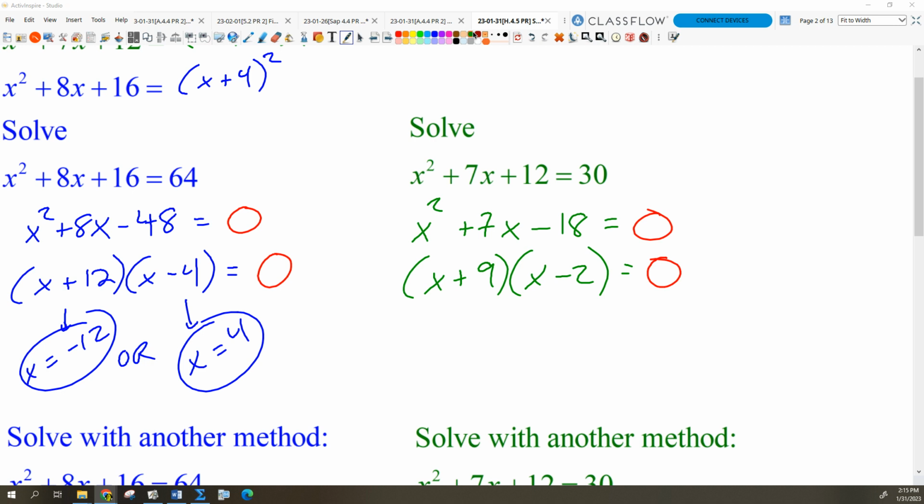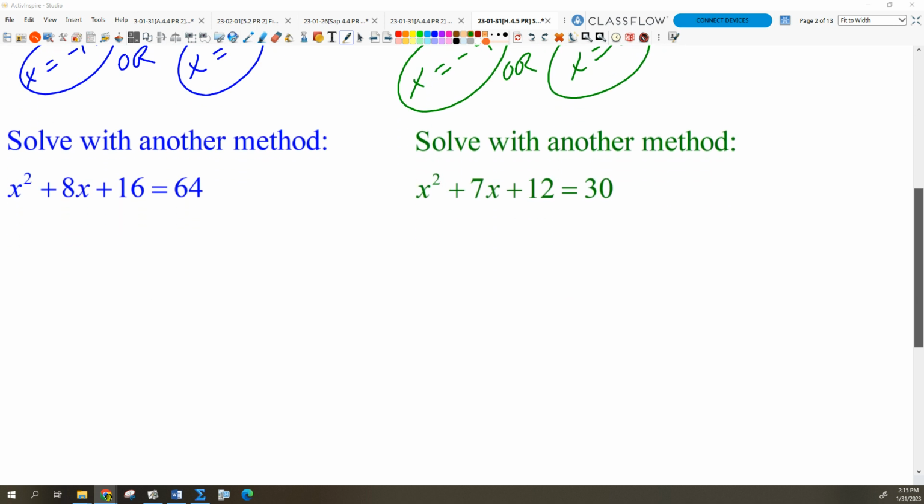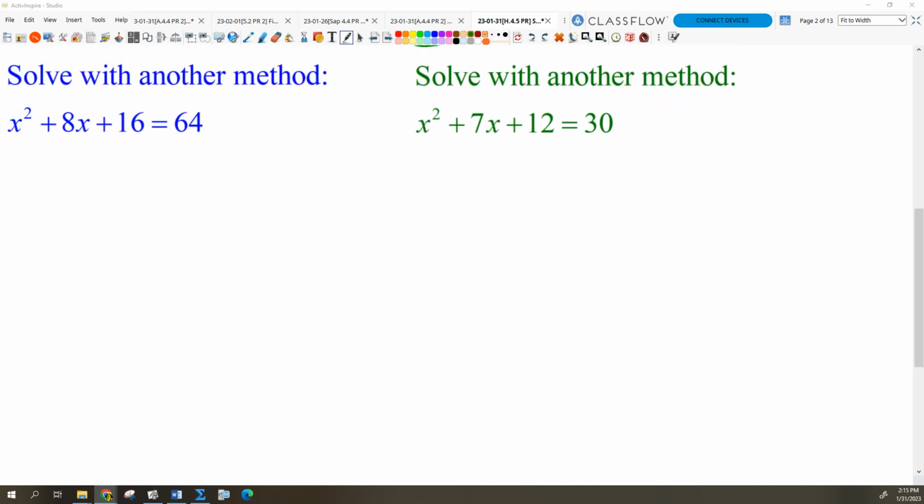And so our two solutions are negative 9 or 2. All right, so yeah, could we solve that first one a little different way?